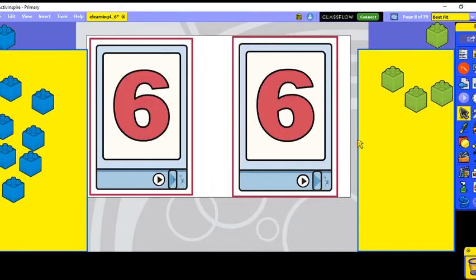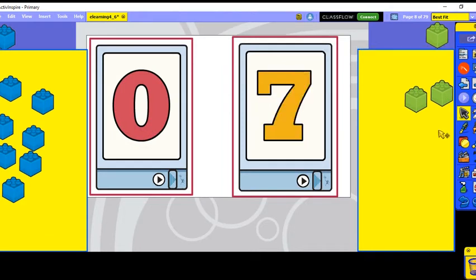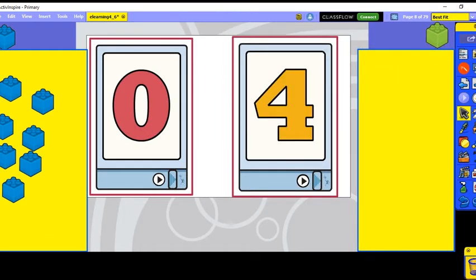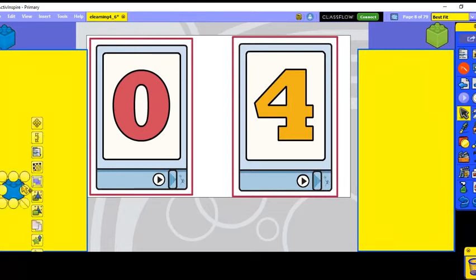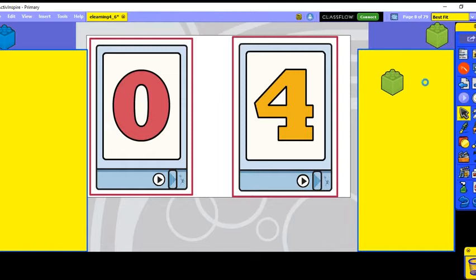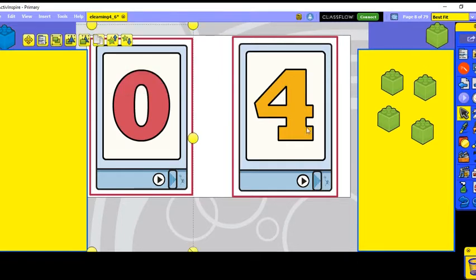All right, let's do one more. Okay, so we've got 0 over here, 0, and we've got 4 over here. Zero is less than 4, right? Because there's 0 over here and 4 over here.